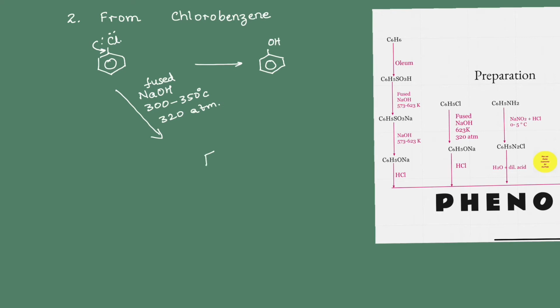So this gets converted again into what is the name of this product which is formed? We wrote it just now. Yes, it is sodium phenoxide. Now, after you convert to phenoxide, what do you do? Yes, simply you hydrolyze it with dilute HCl and you get phenol. Simple. This is how we use the flow chart or the mind map drawn here.